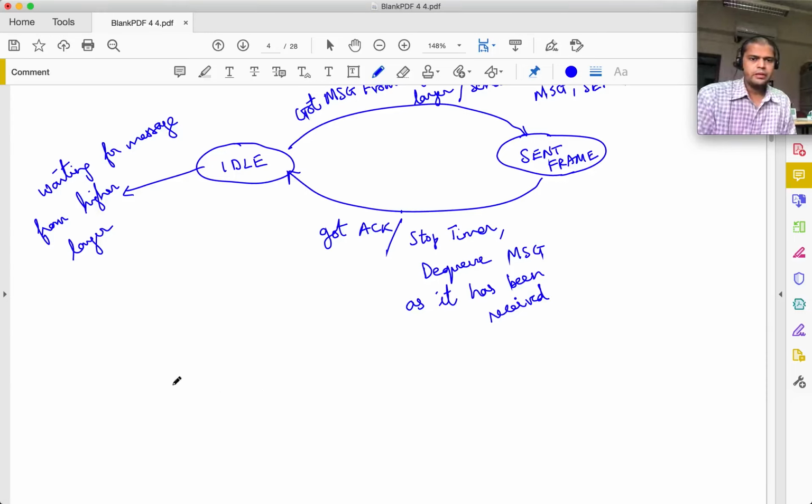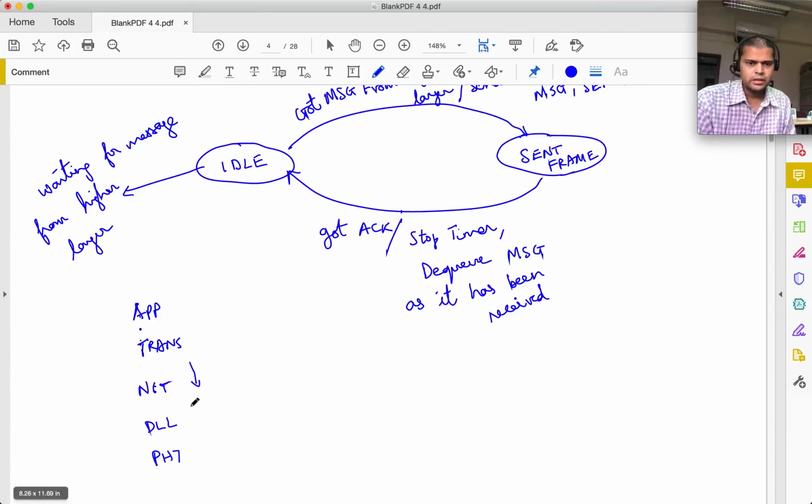So what do I mean by dequeue? So we have the various layers. We have application layer, transport layer, network layer. Each of these is let's say a software module, and the message is being sent from one module to the other. So let's say the network layer is sending messages. It could be sending messages at a faster rate than the DLL can handle. So the DLL has a queue over here.